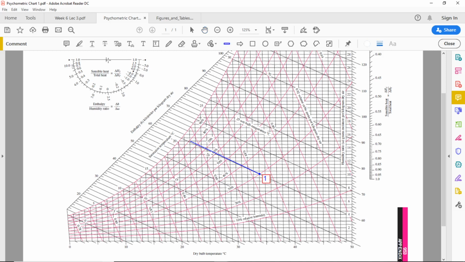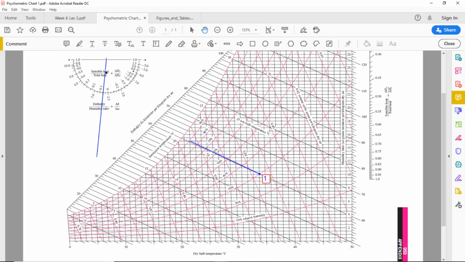And I again go to the protractor, and then draw a line which has a slope of 2.69. So this is 2.5, this is 2.6, this is 2.7, and 2.69 is just before 2.7.